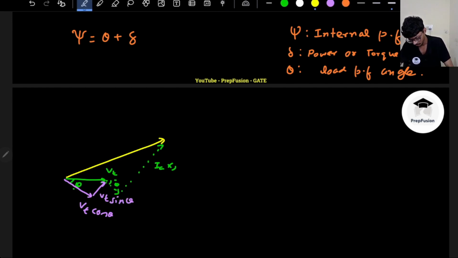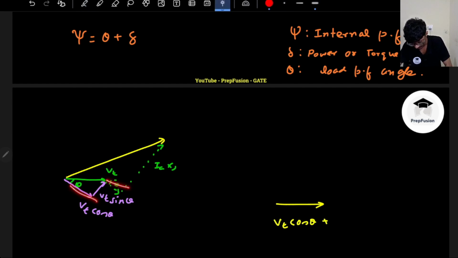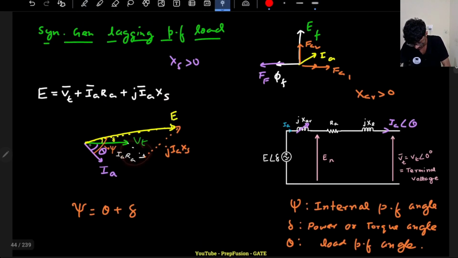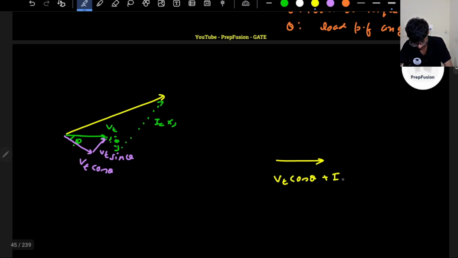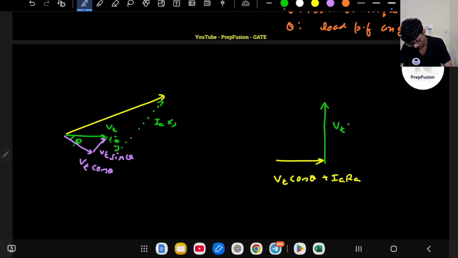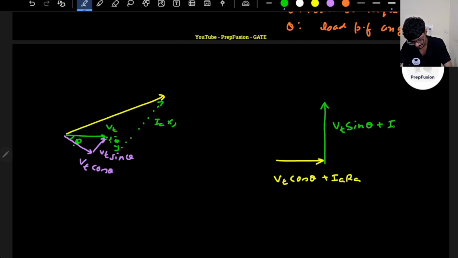The base of the triangle will contain Vt cos theta plus Ia Ra, because they are parallel; this drop was Ia Ra. So the base is Vt cos theta plus Ia Ra, and the 90-degree component will be Vt sin theta plus Ia Xs. And this will be the overall E.